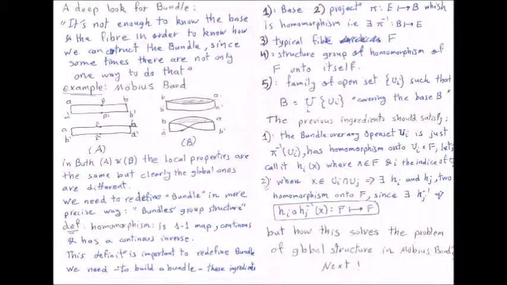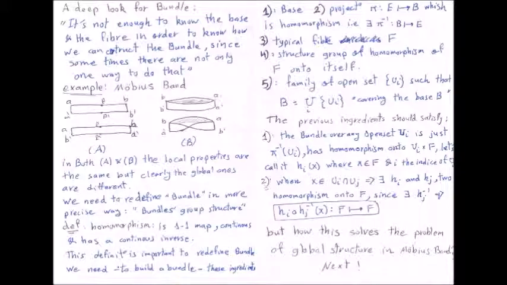So how can we deal with such cases? Of course, we need to find a new way to define the bundle in a more precise way. And here we will see that this more precise way requires us to use a group structure, and we also need to introduce the homomorphism.